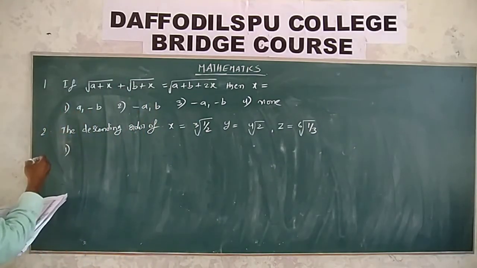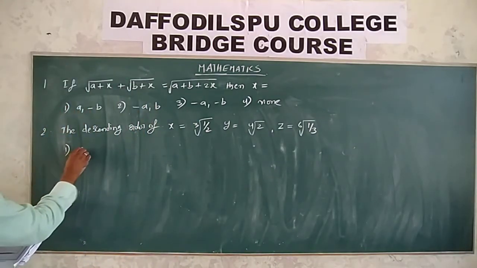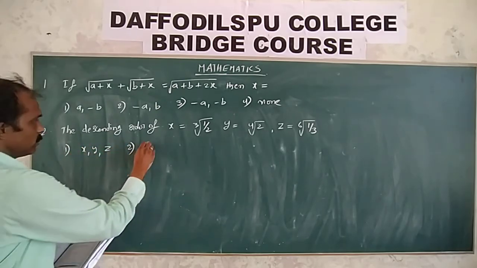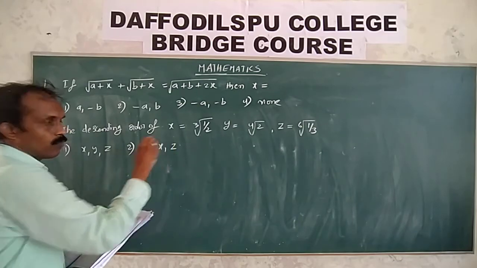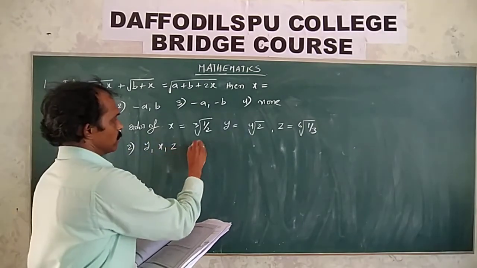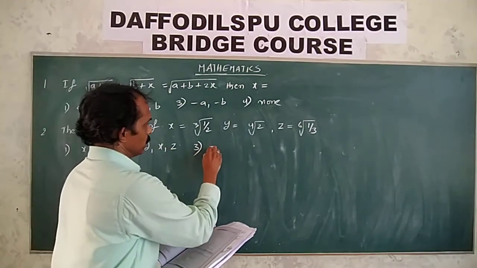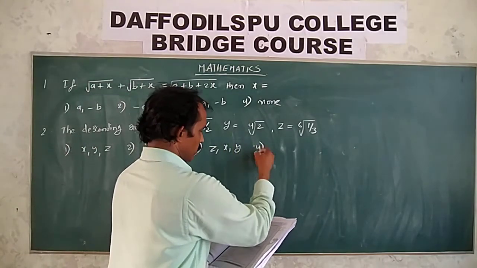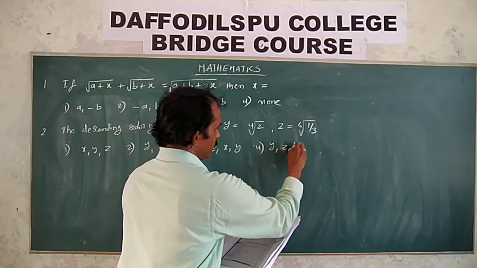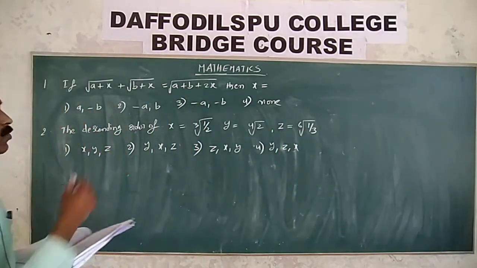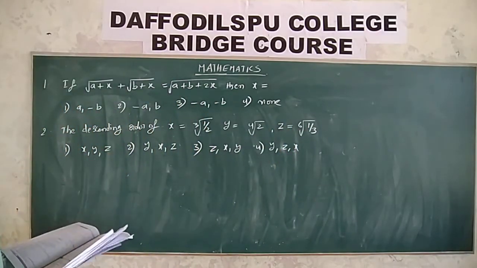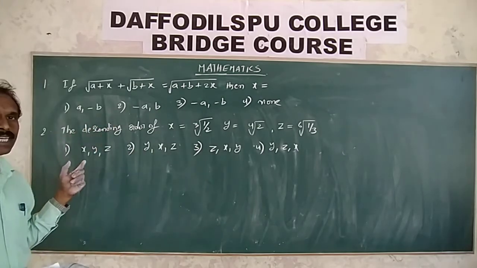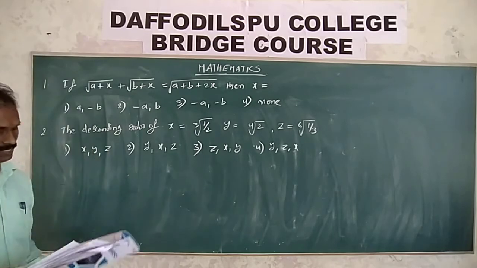First option x, y, z. Second option y, x, z. Third option z, x, y. Fourth option y, z, x. Okay, solve it. In the previous one I explained ascending order, now it is descending order. Correct.